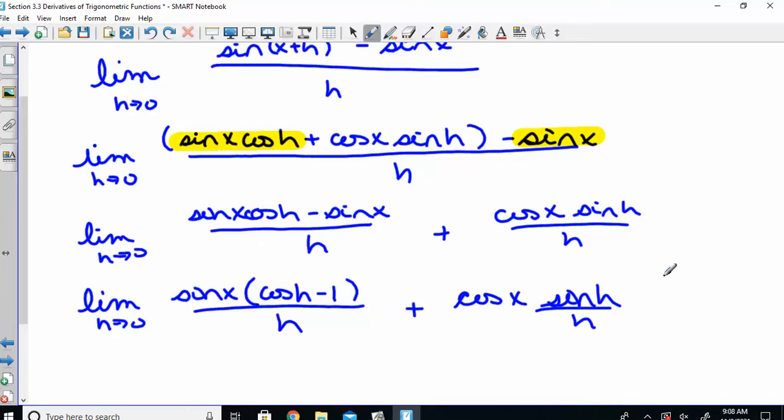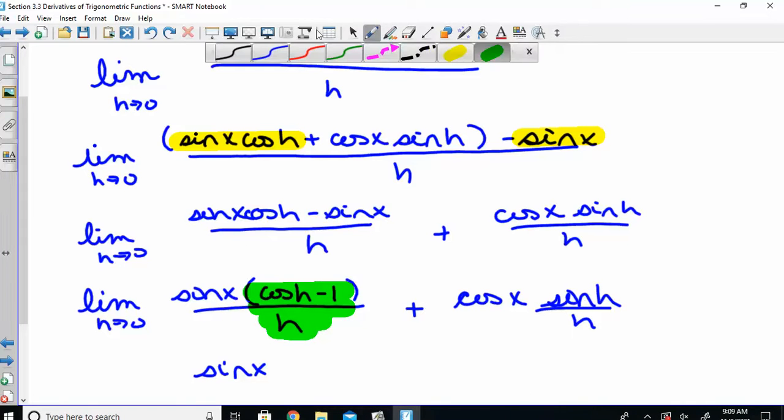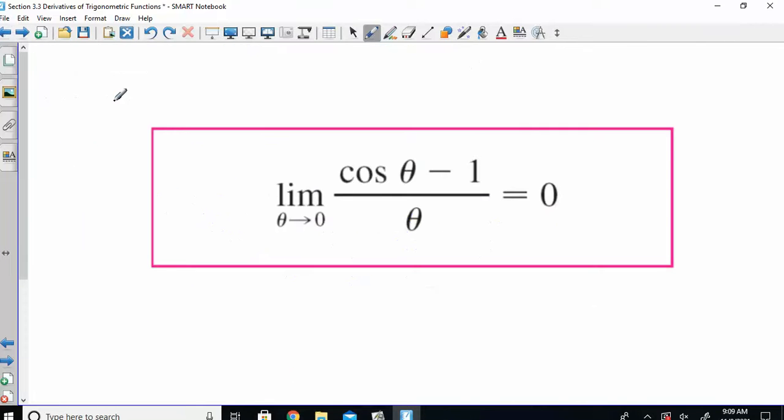They're really close, guys. We have a sine x. From our theorem, cosine h minus 1 over h. What is the limit of that as h approaches 0? 0.